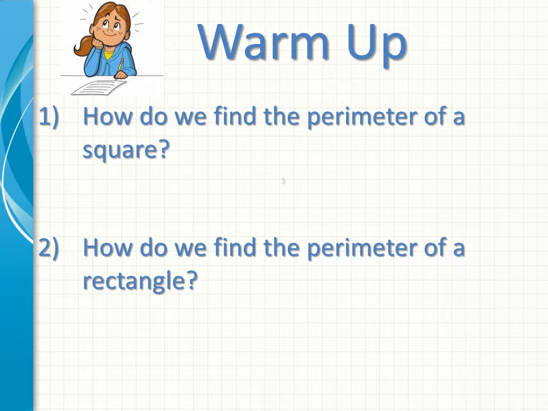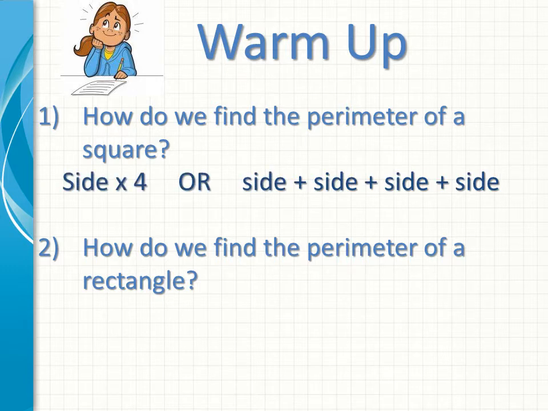Okay, now let's see the answers and we compare it with the one you wrote. To find the perimeter of a square, the answer is side times 4. To find the perimeter is to add up all the sides of a square or a rectangle. So it's side times 4, or you can simply say side plus side plus side plus side.